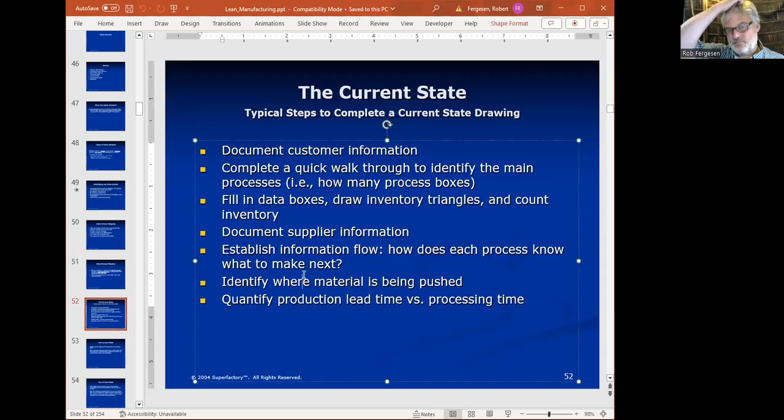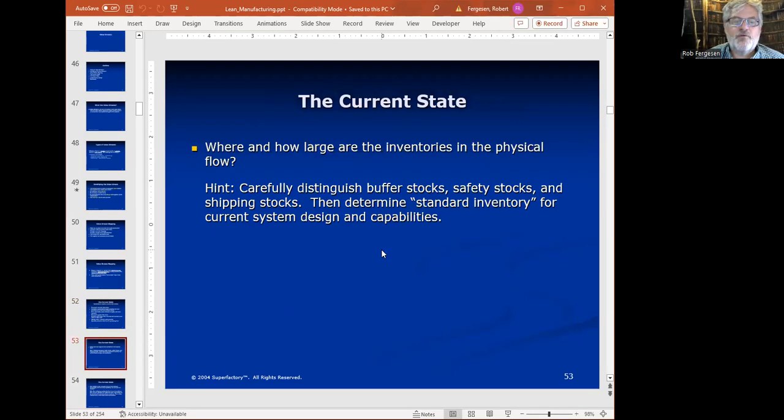I'm going to skip through that little fluffy bit. So the current state. Do all these things to figure out the current state. Document customer information, do a walkthrough, fill in data boxes, very generic stuff. We're going to go through samples of that. You also need to see where inventories are coming into and flowing out of physically in that current state, how things are right now for your production line.